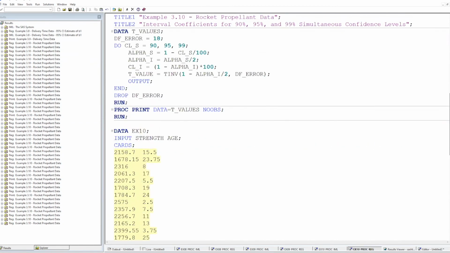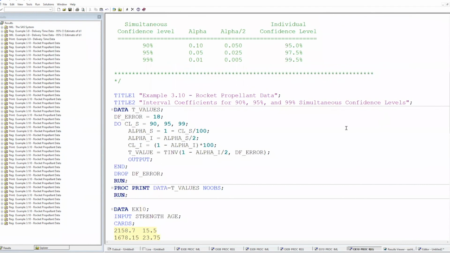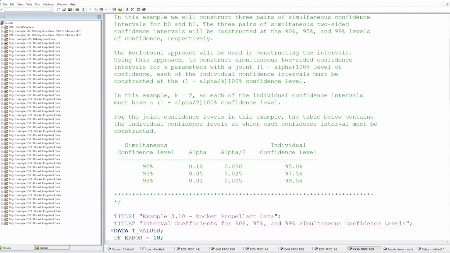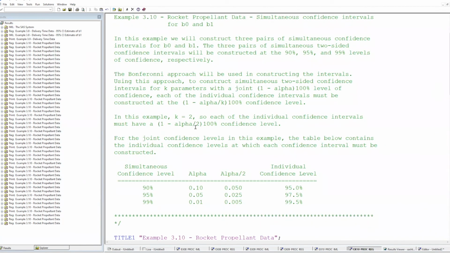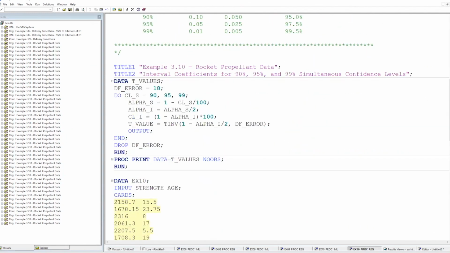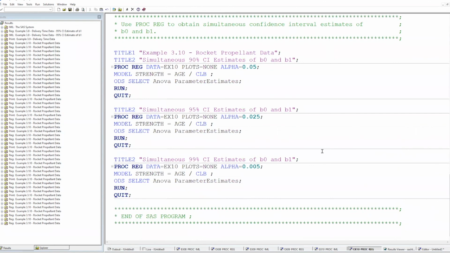And if we had more parameters, maybe a multiple regression model where we have not only the slope coefficient but two slope coefficients, then instead of dividing by 2, we would divide alpha by 3. And we would have a column here in this table, alpha over 3. Those are the values that we would specify to the alpha option in PROC REG. So that's how you can do it very easily.